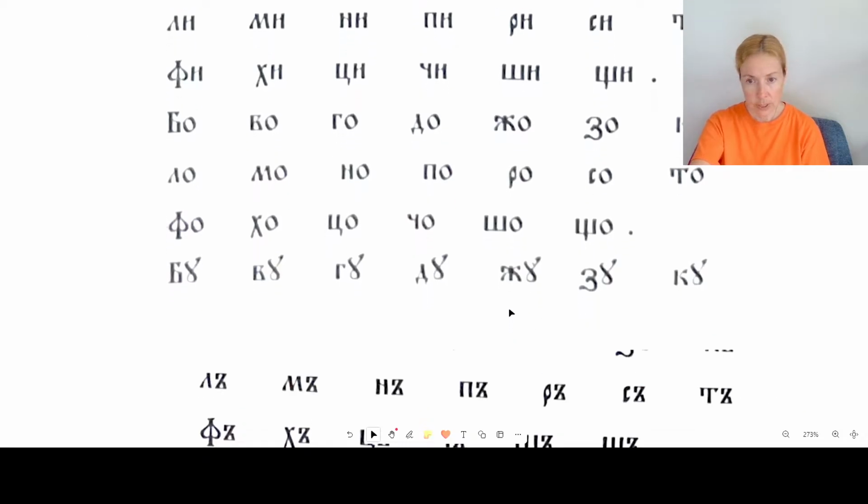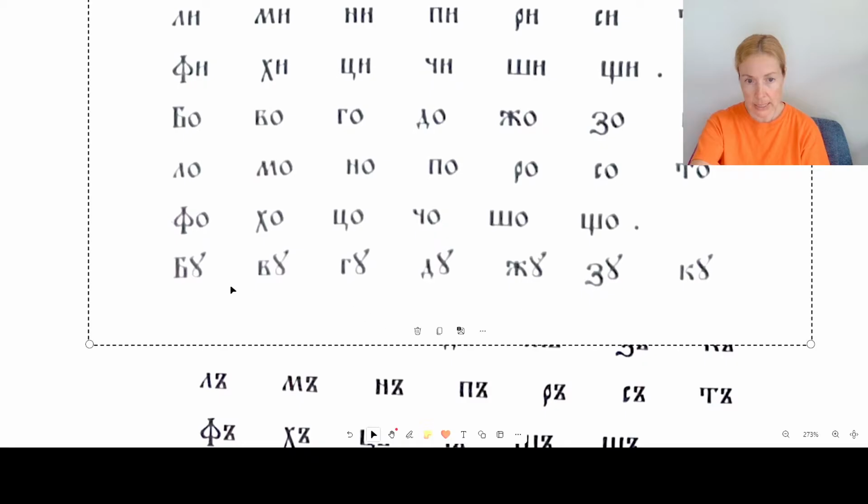Okay, now the last line here on this page, and then I will move to a different page. So we're moving to the vowel U. Bu, vu, gu, du, zhu, zu, ku.